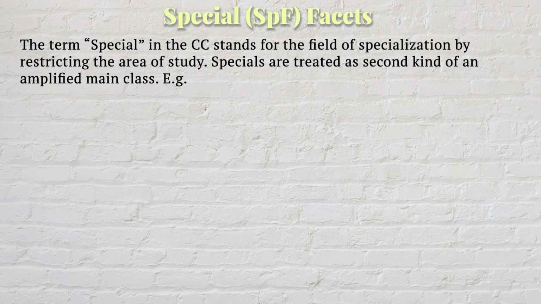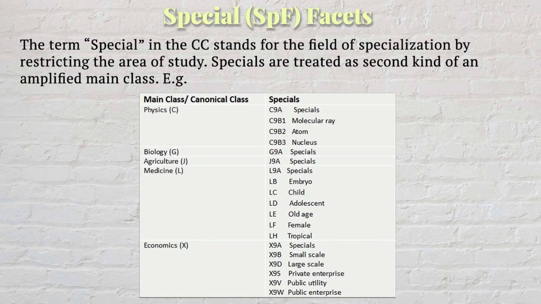Some examples of specials from different main classes or canonical classes are presented here, such as in physics we get specials in C9a, that is molecular ray is denoted by C9b1, C9b2 atom, C9b3 nucleus.